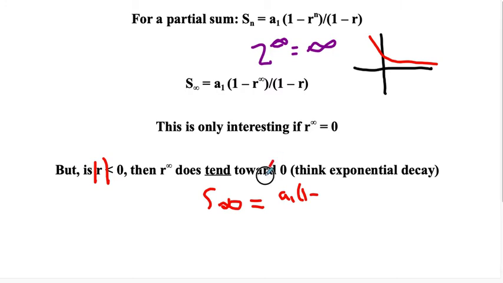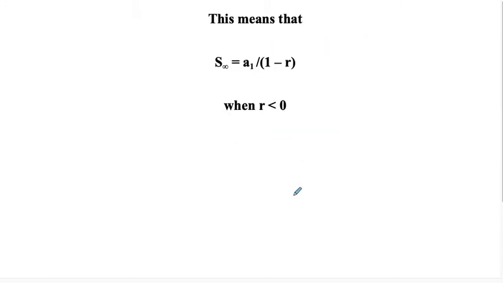But r to the infinity does tend towards 0. It'd be 1 minus 0 over 1 minus whatever r is. 1 minus r is some positive number, which means that we really get what in the end? When the absolute value of r is less than 1, the sum for an infinite geometric series is this.